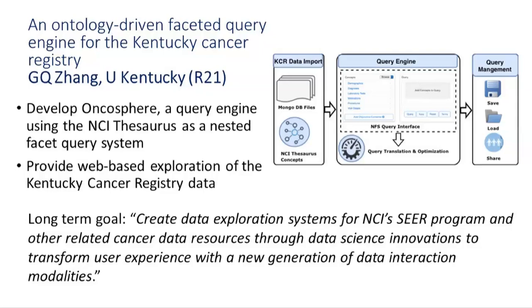Now that's the driving use case for this grant, but the long-term goal of the grant is to create data exploration systems for NCI SEER program, as well as other cancer-related data resources through these data science innovations to ultimately transform user experience with a new generation of data interaction modalities. So you can see here in this R21 grant, this investigator is using this funding opportunity to explore new ways of querying cancer data.